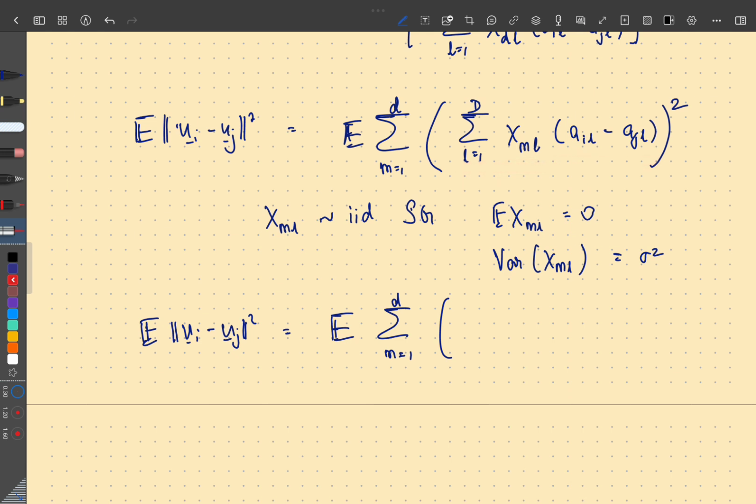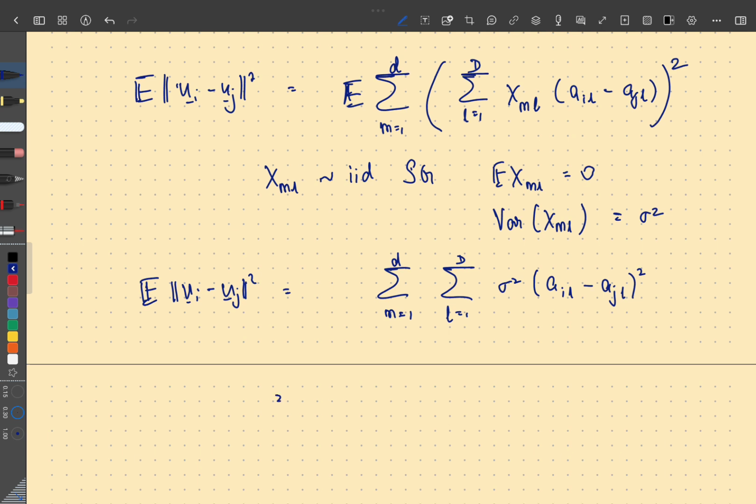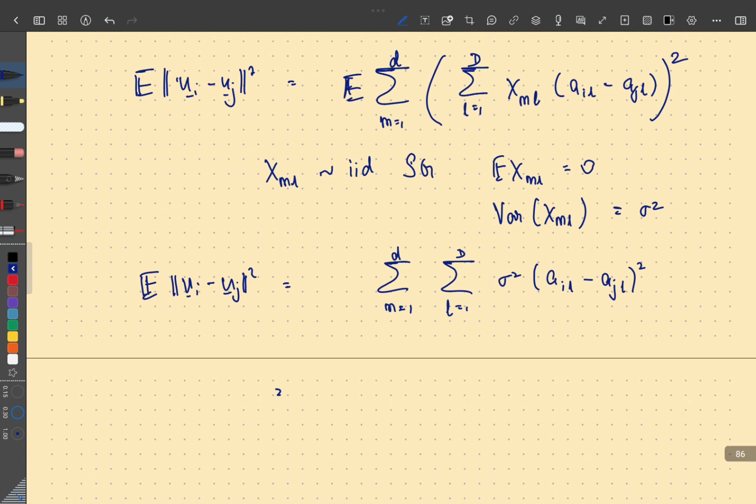So the variance of the sum is nothing but the sum of the variances of these. So this is equal to summation m equal to 1 to d, summation L equal to 1 to d, sigma square times (A_{iL} minus A_{jL}) the whole square. But summation L equal to 1 to d (A_{iL} minus A_{jL}) the whole square is nothing but the L2 norm square of A_i minus A_j.